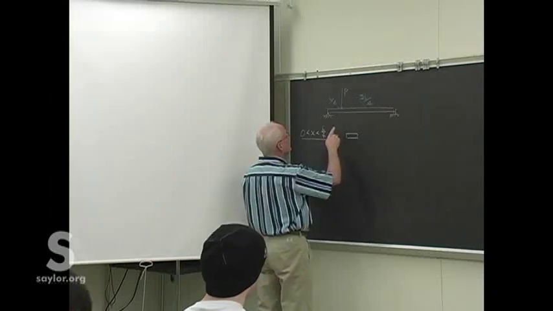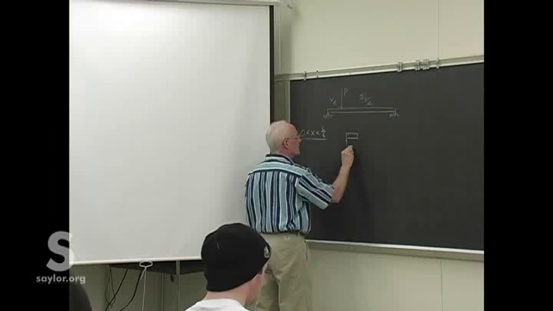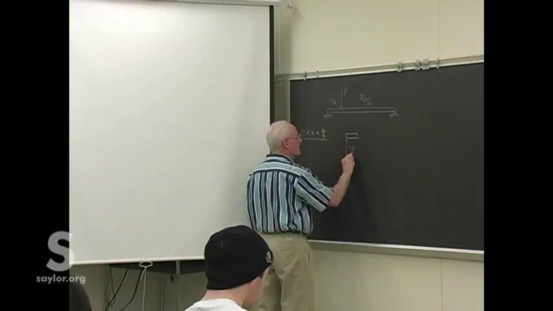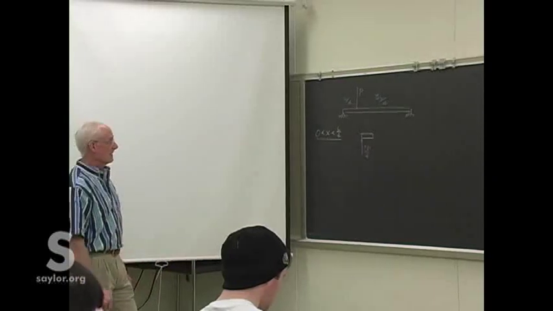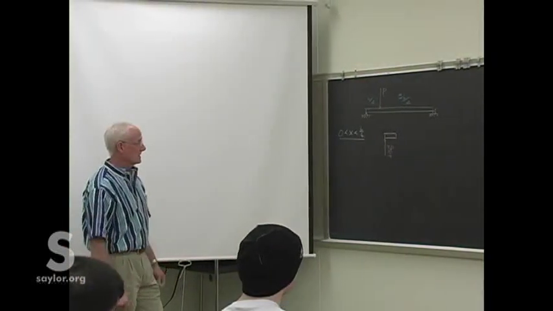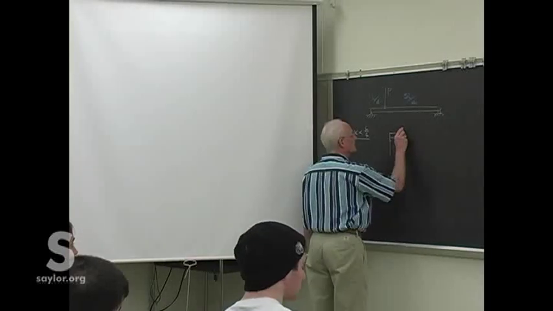And let's see, we know that this reaction will be 3P over 4. We just do that from statics class. I'm just doing that fast for you. That's nothing more than summing the forces and summing the moments. We can figure out what that reaction is.